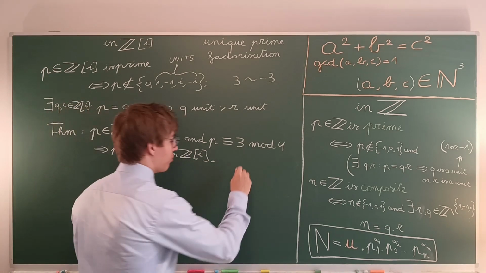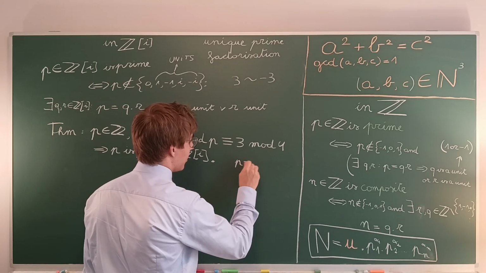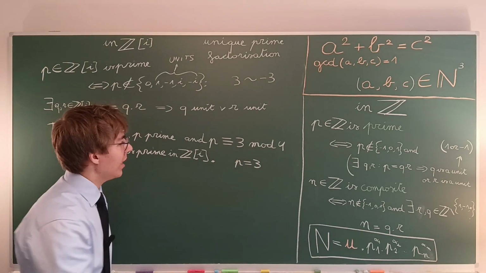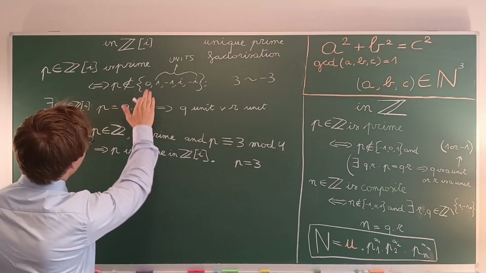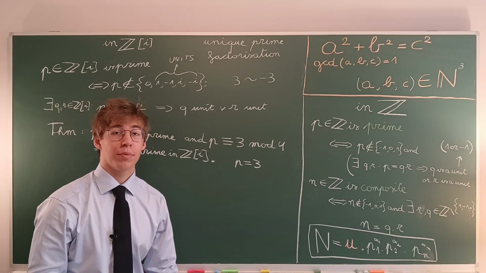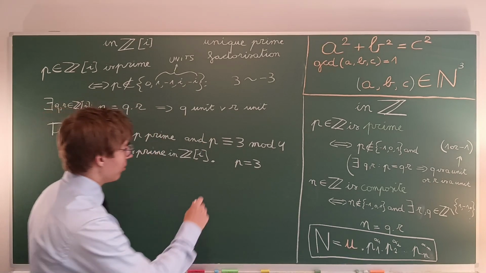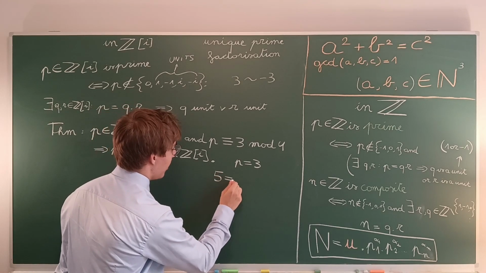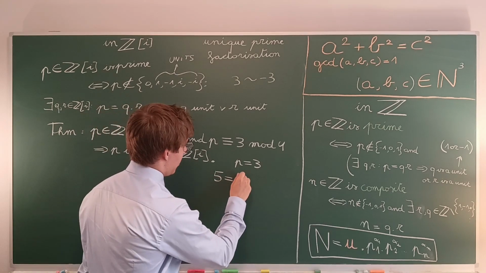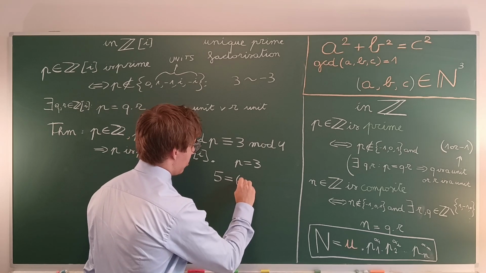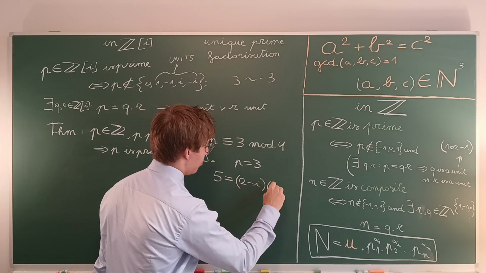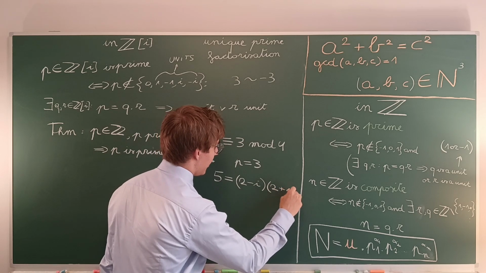So for example, the prime p equals 3 is definitely 3 mod 4, and it is prime even in the Gaussian integers. But for example, 5 actually factors into 2 minus i times 2 plus i.